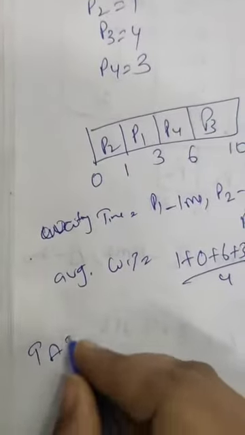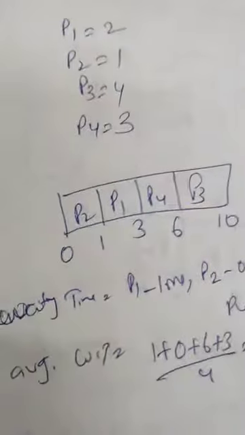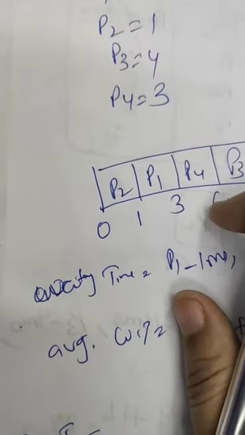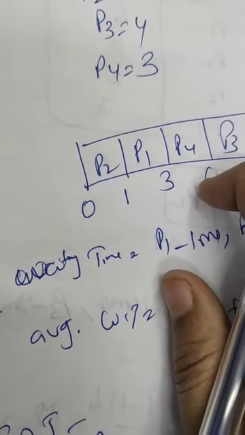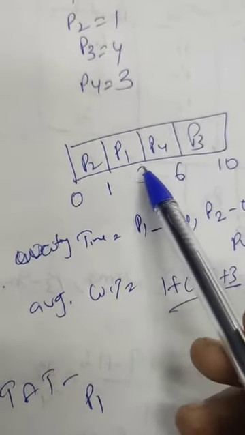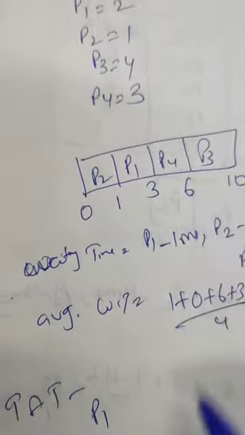If you take the turnaround time, for P1 the completion time is 3 milliseconds.